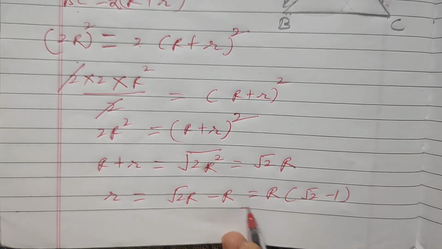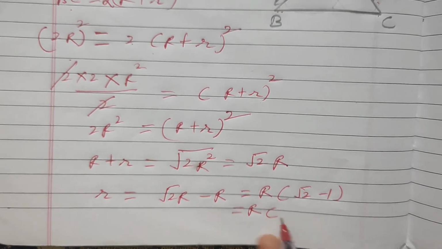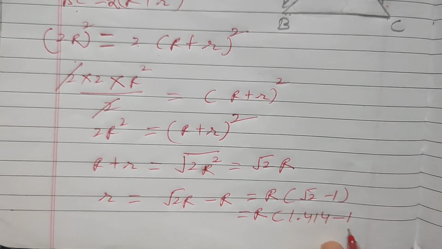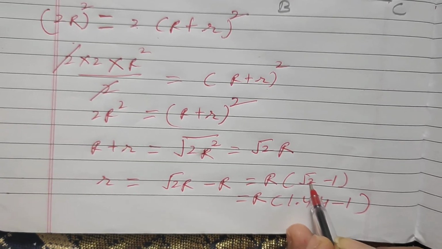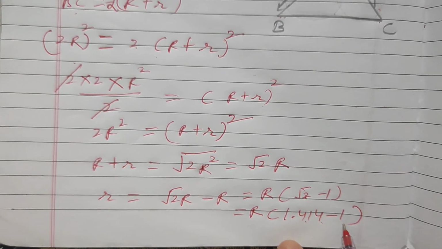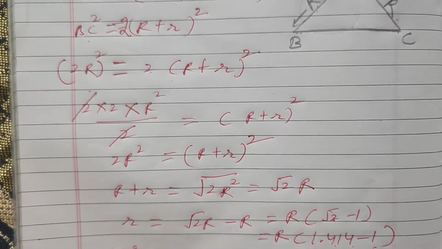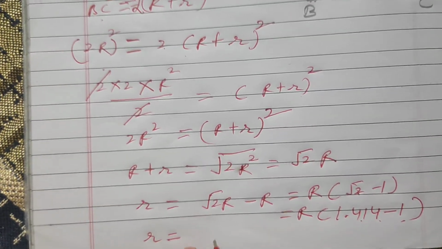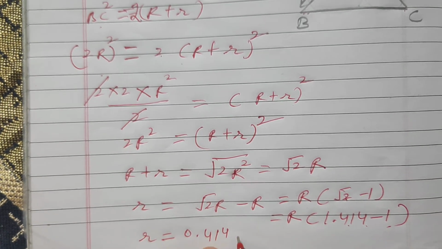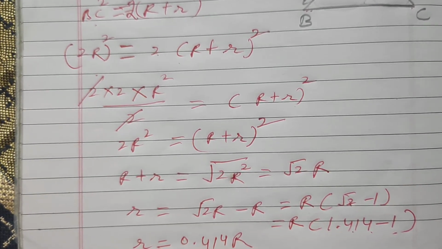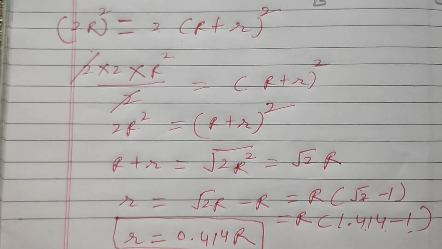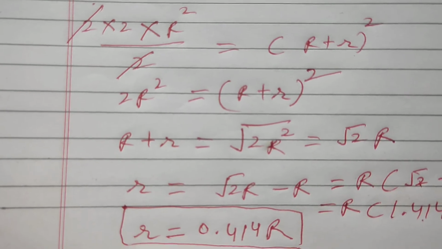That will be equal to R times (1.414 minus 1), as the value of root 2 is 1.414. So you will get small r is equal to 0.414 R. So this is the relationship between small r and capital R.